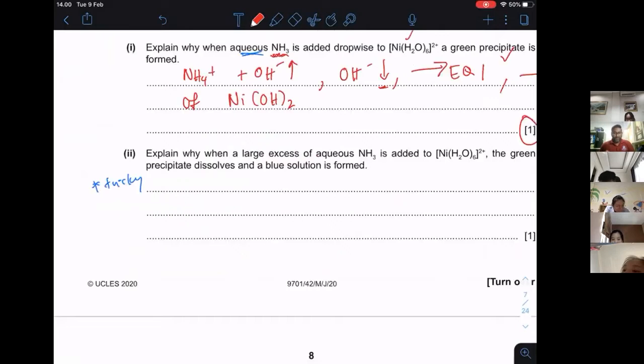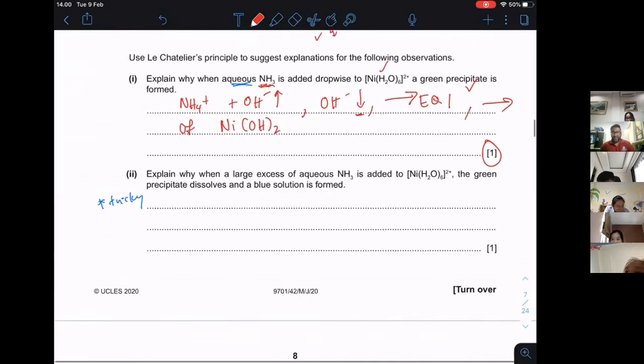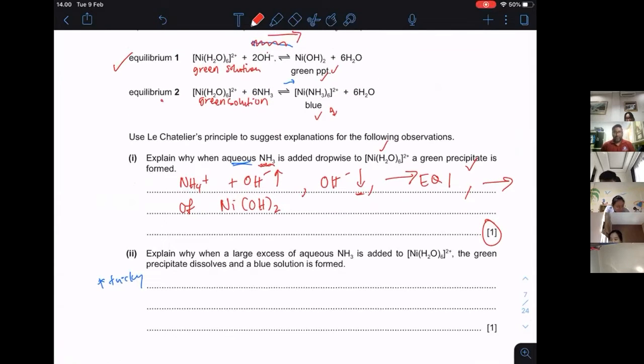So it should be quite easy. Now the second part is a bit tricky. They say explain why a large excess of ammonia, when you put ammonia dropwise, now you get green precipitate. But now if I suddenly put a lot of aqueous ammonia, are we still going to focus on OH minus?